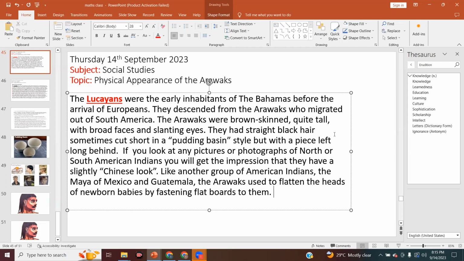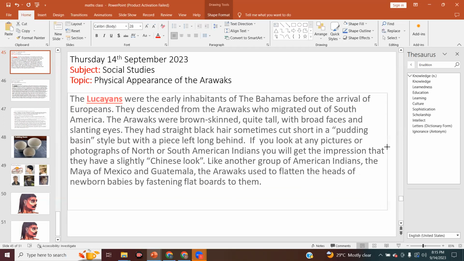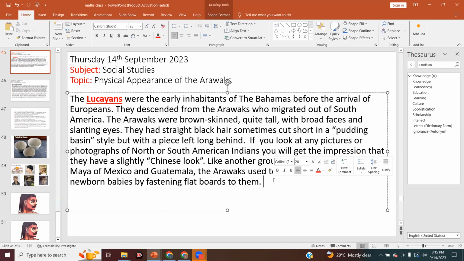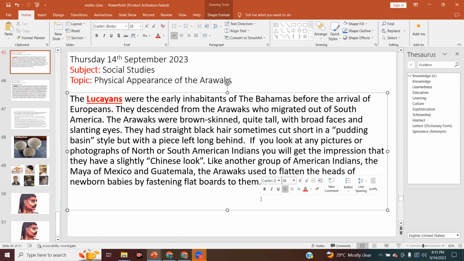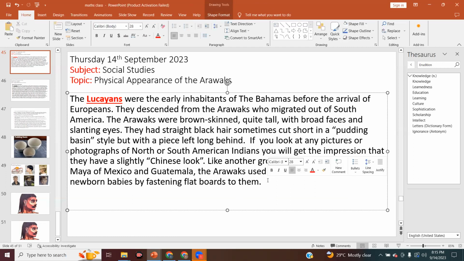And what was the purpose? Why would they flatten the heads of the baby? Anyone know? For protection. Very good. So they would flatten the heads of the baby for protection. They also thought it looked good. And for war.